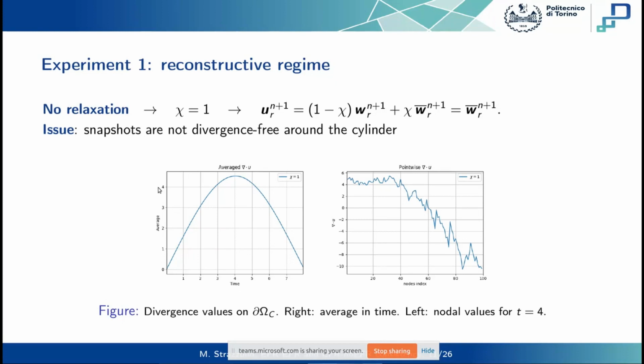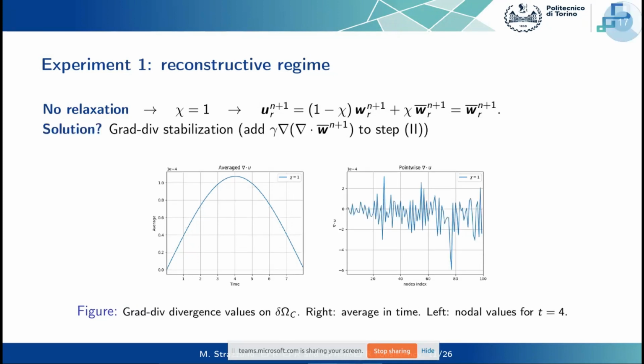You see that the divergence is quite high, most of all for t equal to 4, and you see the point-wise divergence value for t equal to 4 over the boundary of the cylinder. In order to solve this issue, we use another stabilization technique, the grad-div stabilization, and it consists of adding a diffusive term to the step of the filter.